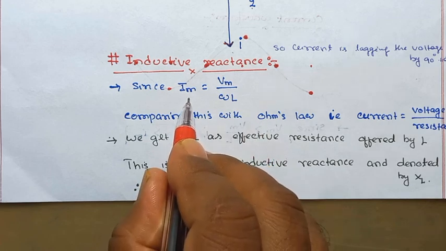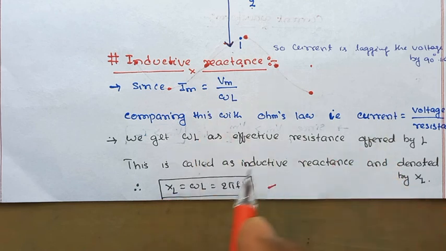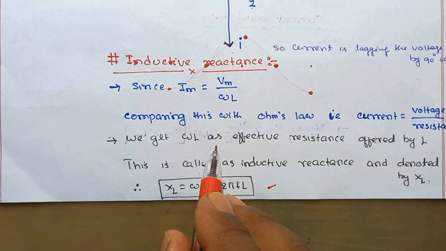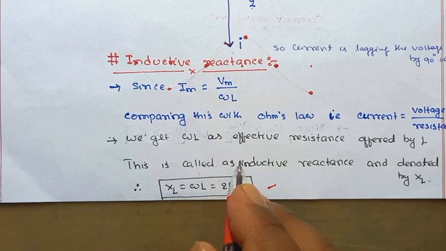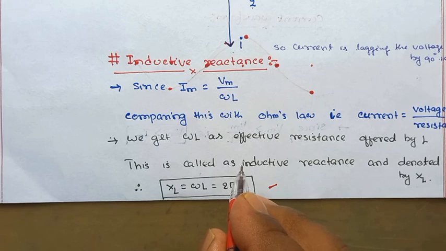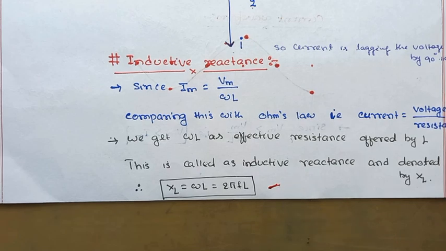Here we get Im is equal to Vm by omega L. Then after comparing, we get omega L as an effective resistance, and this effective resistance is offered by inductance. So the effective resistance offered by inductance is called inductive reactance, and it is denoted by XL. Therefore XL is equal to omega L is equal to 2 pi FL.